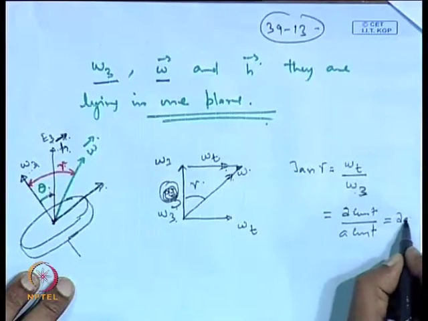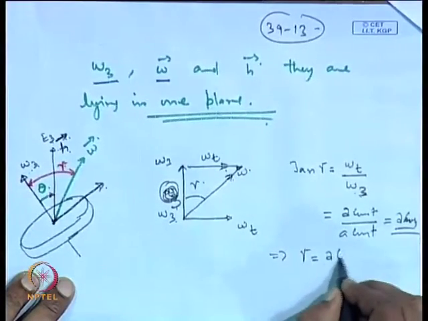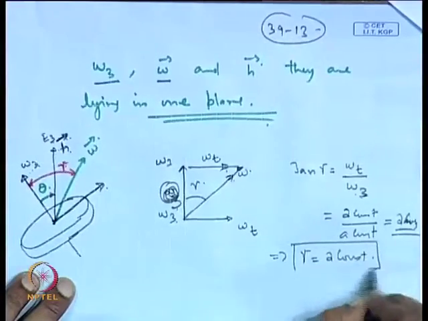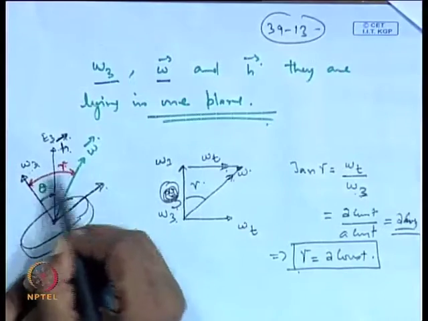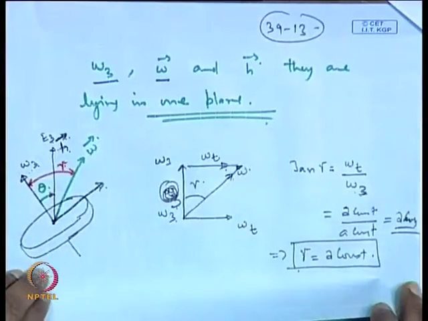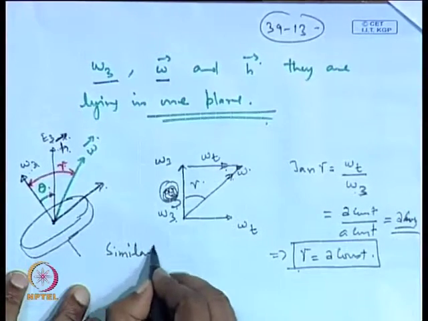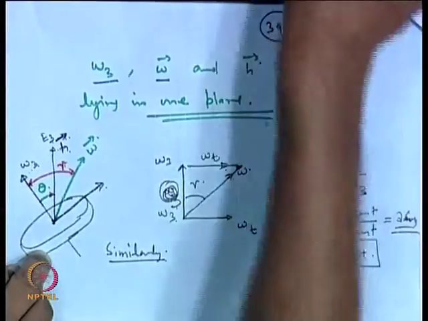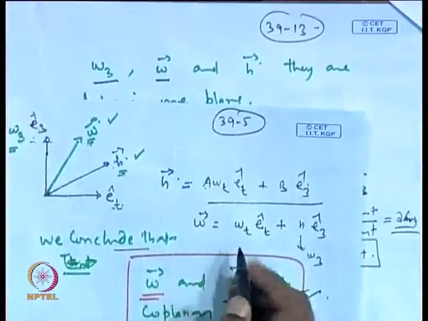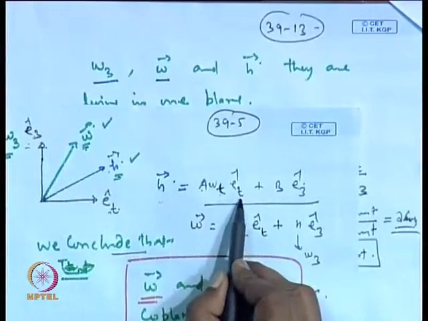Therefore, this ratio is a constant. So, this implies gamma is a constant. So, the angle between omega and omega 3 remains constant. Similarly, the h we have written as a combination in terms of E t and E 3.